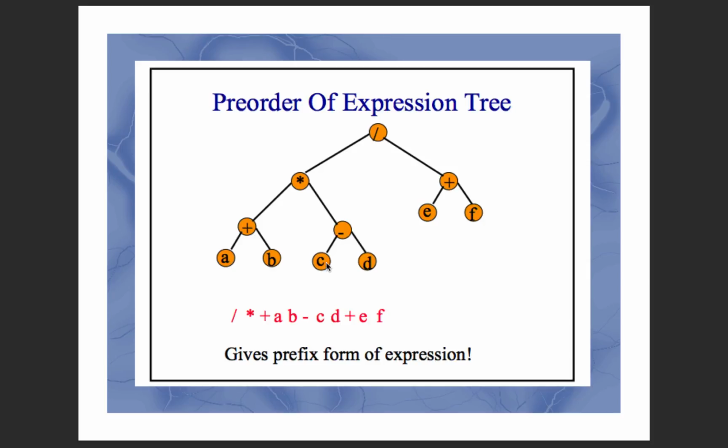Then you go to the left side, you print C. Then you go to the right side, you print D. So you have done all of this, and you are done with this one also. Then you go to the right side, plus sign, then you go to the left side, print E. Then finally you print F. So this is the prefix expression of the infix expression.